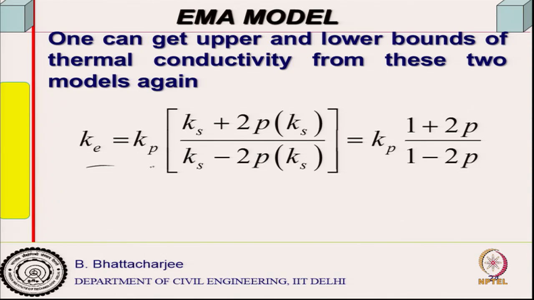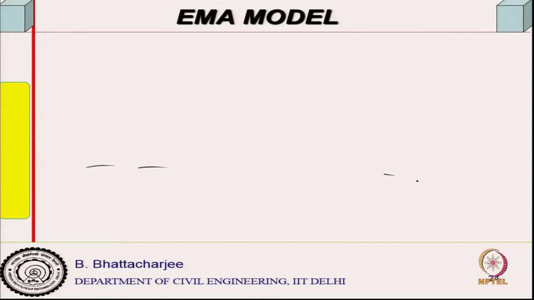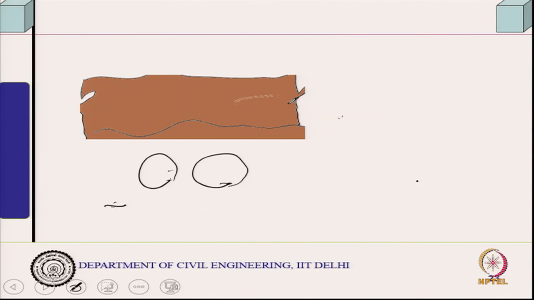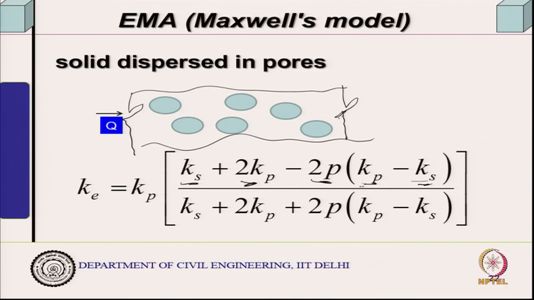So Ke equals Kp, and in this equation you can neglect these terms; Kp can be neglected in comparison to Ks. So you will get Ks plus 2p into Ks, divided by Ks plus 2Kp 2p.